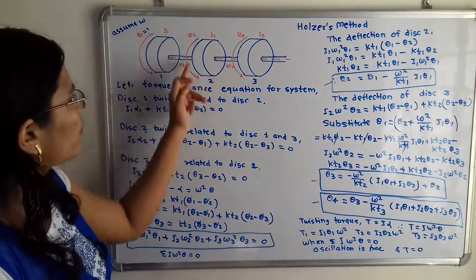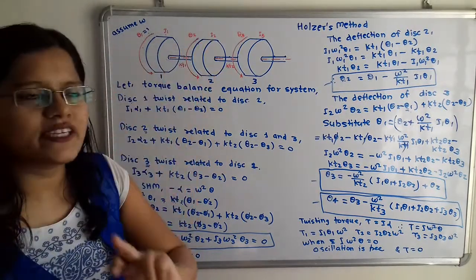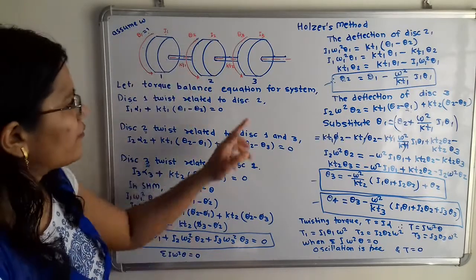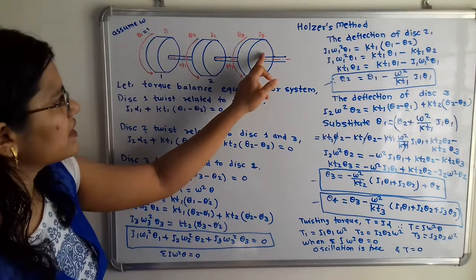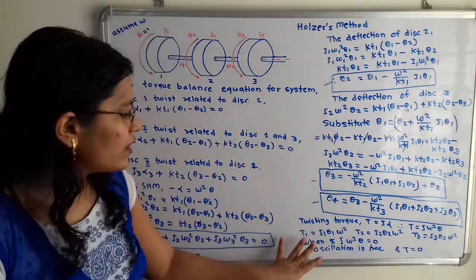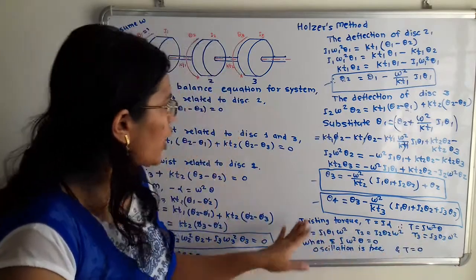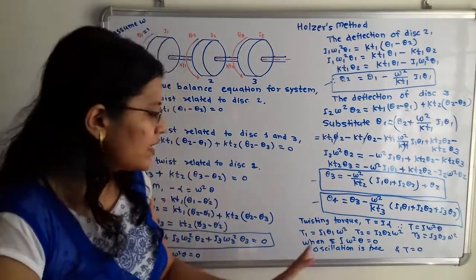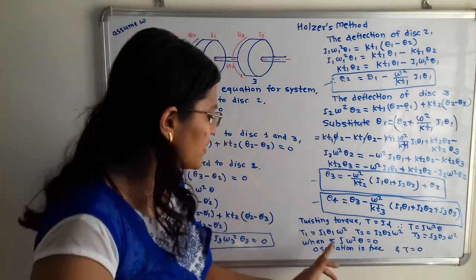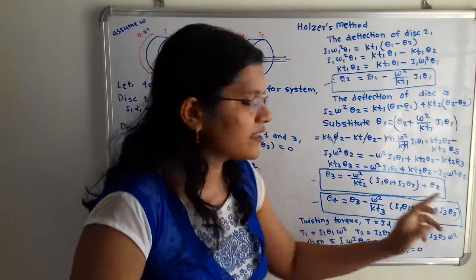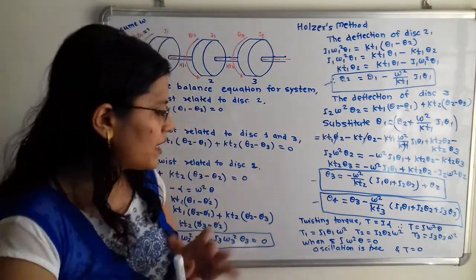In the same way for disc 2, the torque T2 is equal to I2 theta 2 omega square. For disc 3, T3 is equal to I3 theta 3 omega square. If we add these torques, T1 plus T2 plus T3, then the formula is I1 theta 1 plus I2 theta 2 plus I3 theta 3, bracket complete, times omega square.